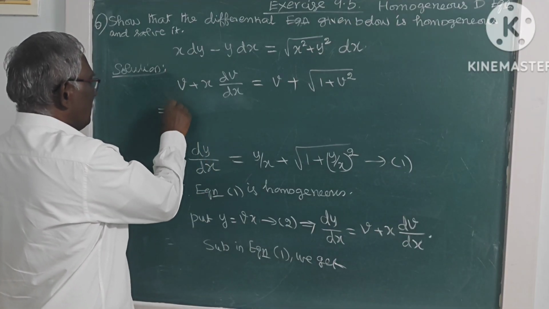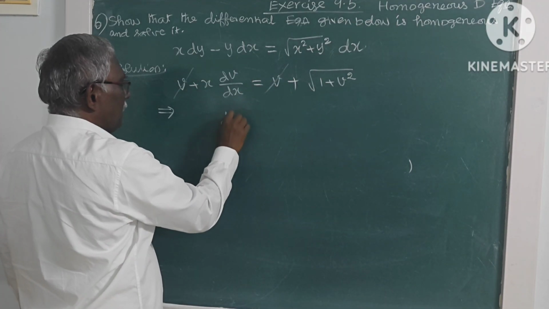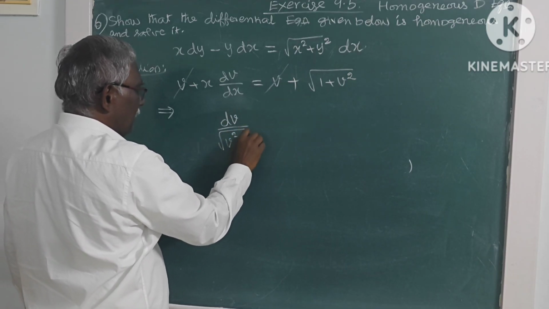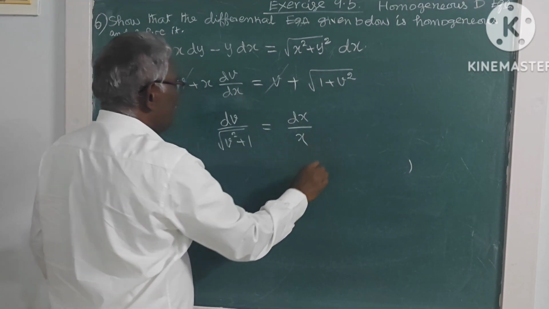So v gets cancelled. Now dv by square root of v square plus 1 is equal to dx by x.